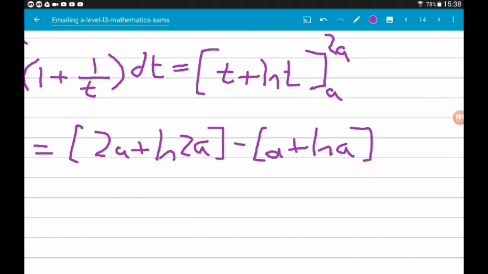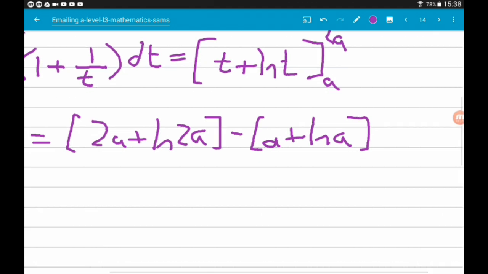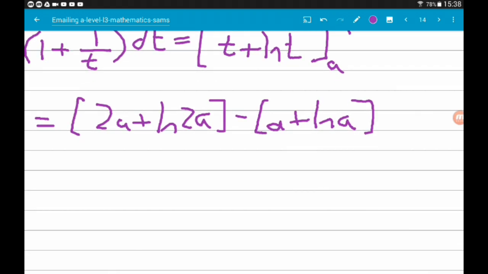Don't forget, everything in the second bracket is being subtracted. So we've got 2a minus a, which gives us a, and then we've got log of 2a minus log of a.